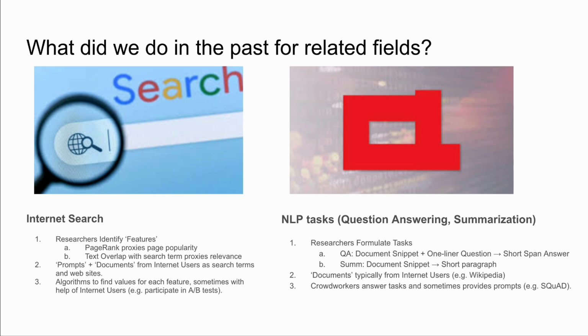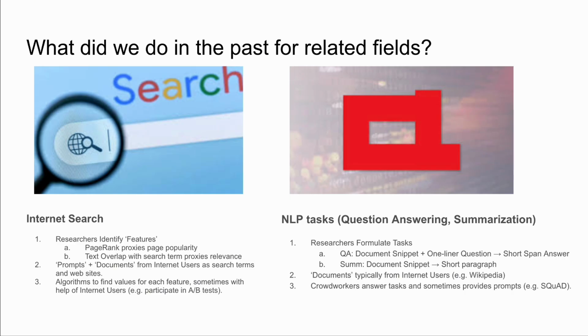The next set of related tasks is NLP tasks. This refers to traditional NLP tasks, including but not limited to question answering and summarization. For question answering, it consists of having a document and a mostly one-liner question, with an extracted short span answer from this document.